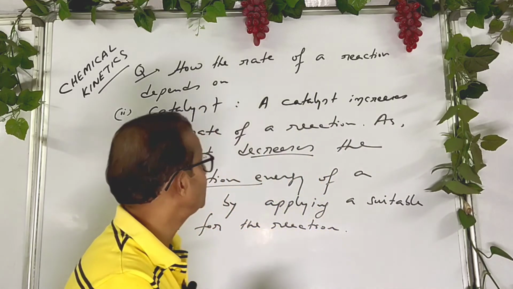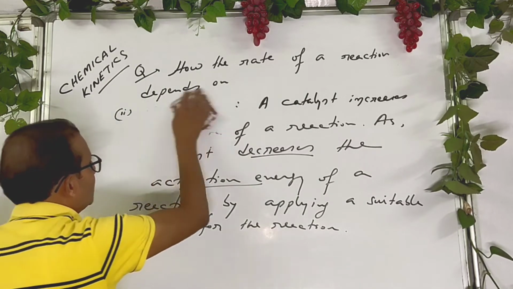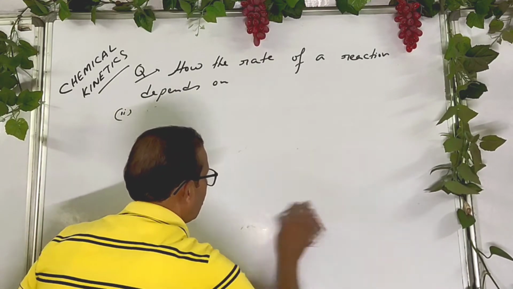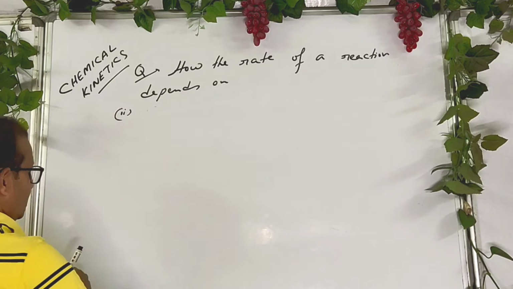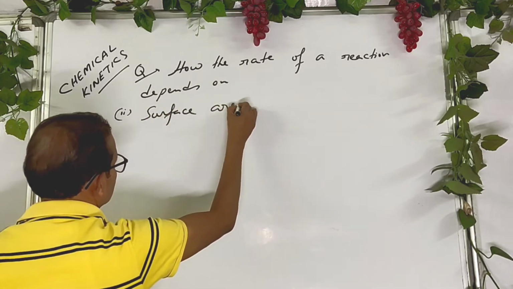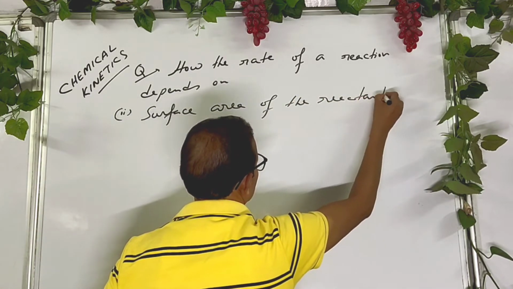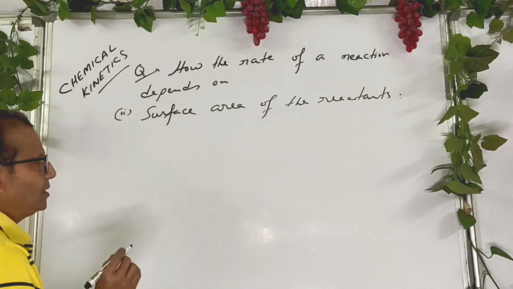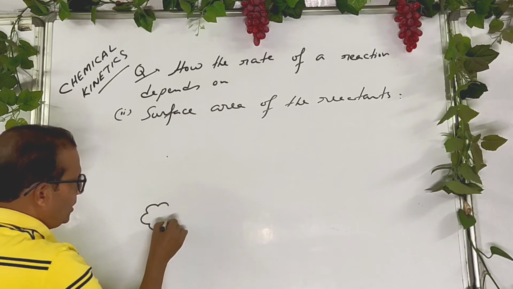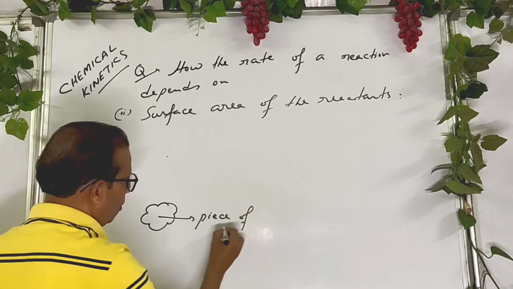Now the next question is, how the rate of a reaction depends on the surface area of the reactants. Listen, if you consider an example, this is a piece of wood.